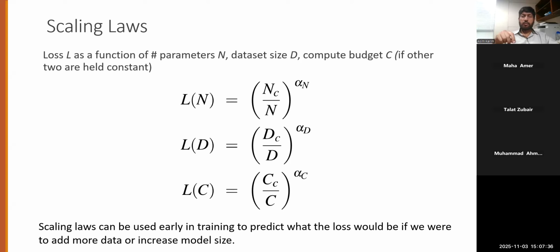Similarly, the same equations hold for data size as well as for compute cost. Of course, the constants change: Dc and Cc would be different, and alpha C and alpha D would also be different.